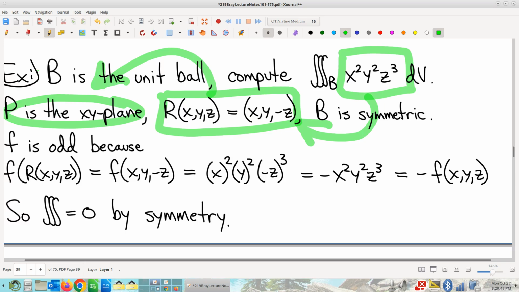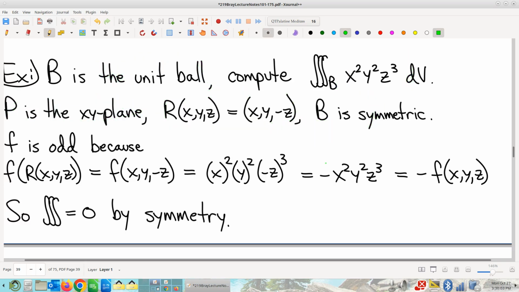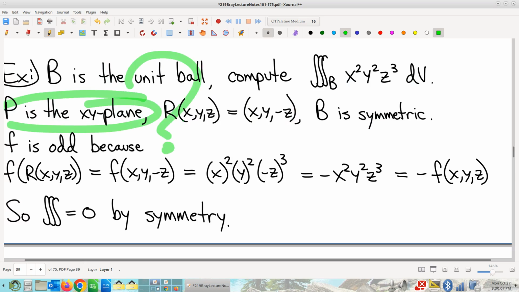Symmetry arguments ultimately are all about cancellations. You need to have some positive, some negative. So if these were all even powers, it would not be possible. All right. So this is sometimes a useful trick for figuring out what plane of symmetry you should be using.